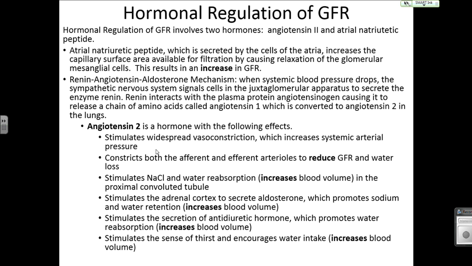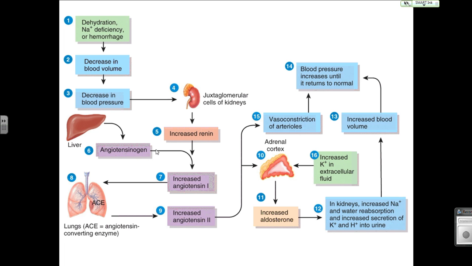Antidiuretic hormone means we pee out less water, which increases blood volume, therefore increasing blood pressure. And finally, we will start to become thirsty, which is what causes us to ultimately grab a glass of water and take a drink, increasing blood volume, therefore increasing blood pressure. So it's a very complicated way, or multiple ways, that we ultimately increase blood pressure.